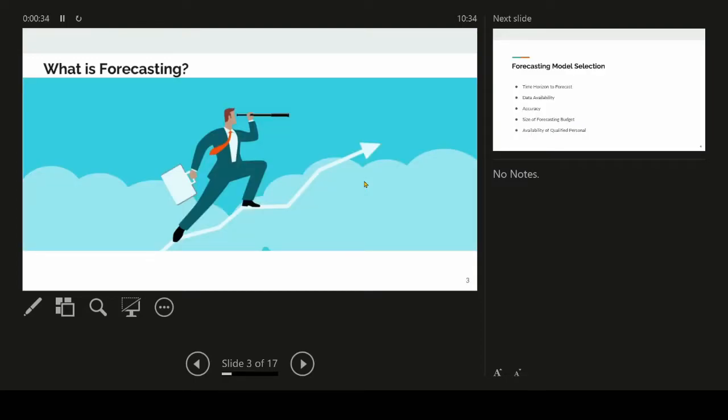So what is forecasting? Most of us have heard the word forecasting related with the climate, something like weather forecasting. In our systems, we can see the forecast for the coming 5 days.